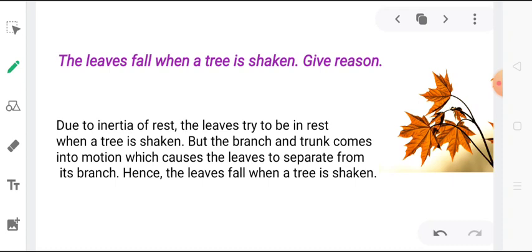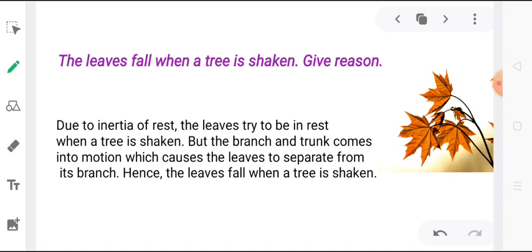In a similar manner, you can explain why, when a carpet is beaten with a stick, dust comes out of it. This is how we clean a carpet, isn't it? Whenever we hit a carpet with a stick, we find dust particles come out of it, because the carpet comes into motion, but the dust remains at rest. Even when we shake a foot mat vigorously, dust particles come out.